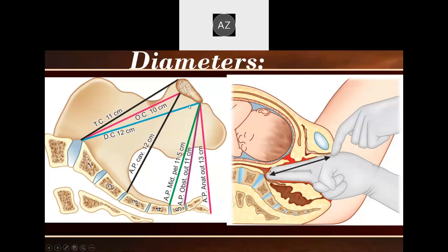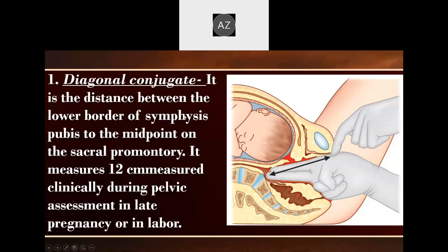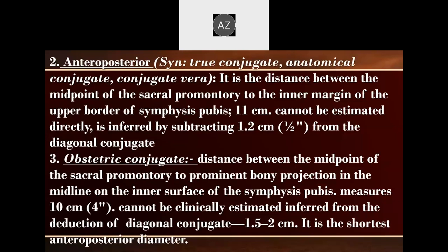But then we have the true conjugate, from the topmost part of the symphysis pubis to the sacral promontory, which is 11 centimeters, so minus 1.2 centimeters. And then from this one you minus 1.5 centimeters. So you get the obstetric conjugate, the shortest anteroposterior diameter that we have.